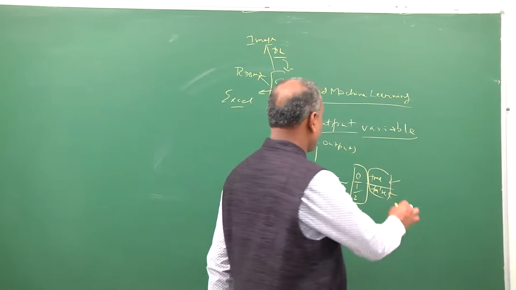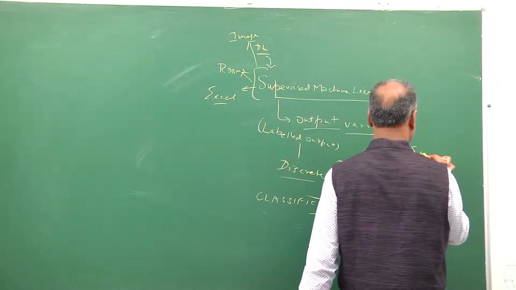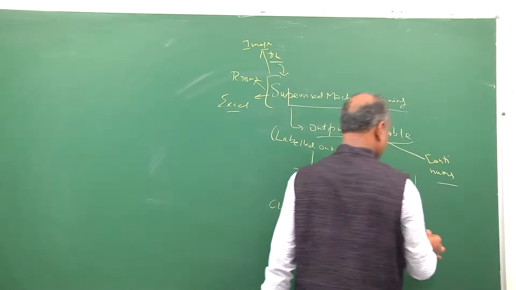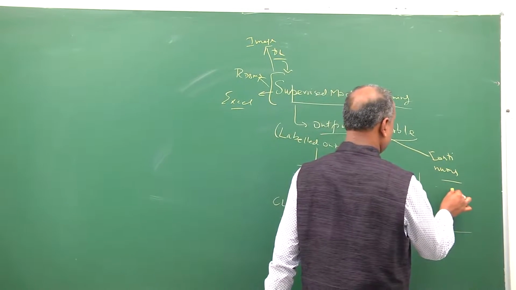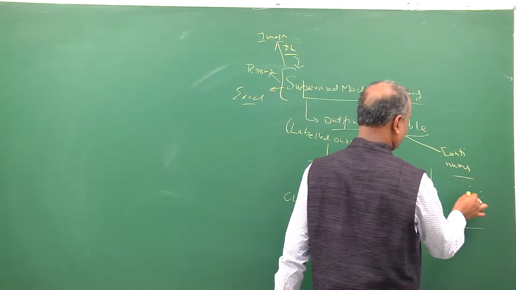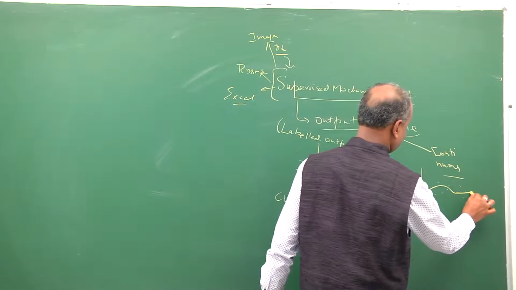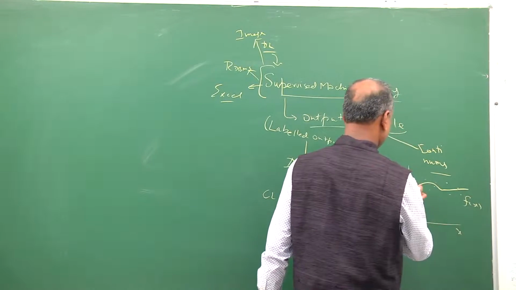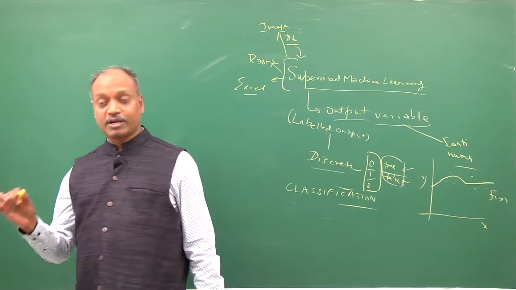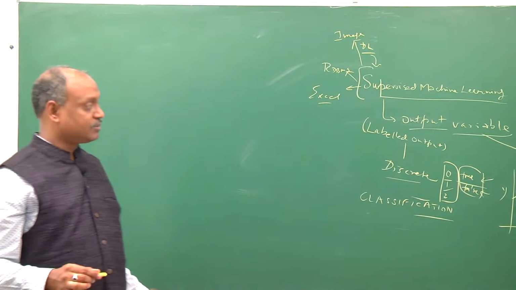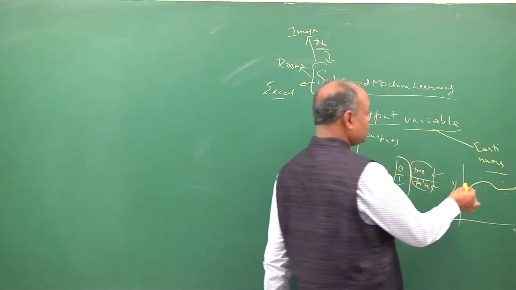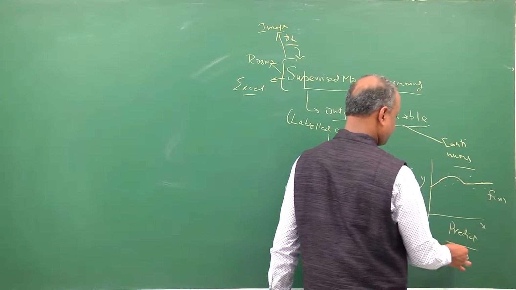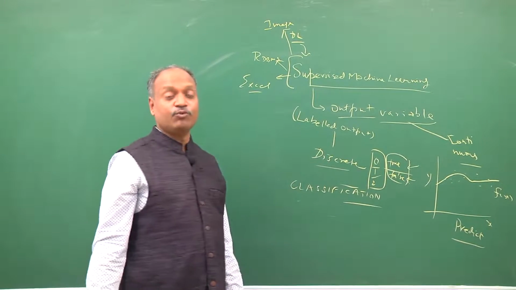On the other hand, if you have the output variable as continuous, there you try to create some kind of a function which represents the output continuous data in terms of the input variables. So you are trying to use the machine learning algorithm to predict a potential future value.